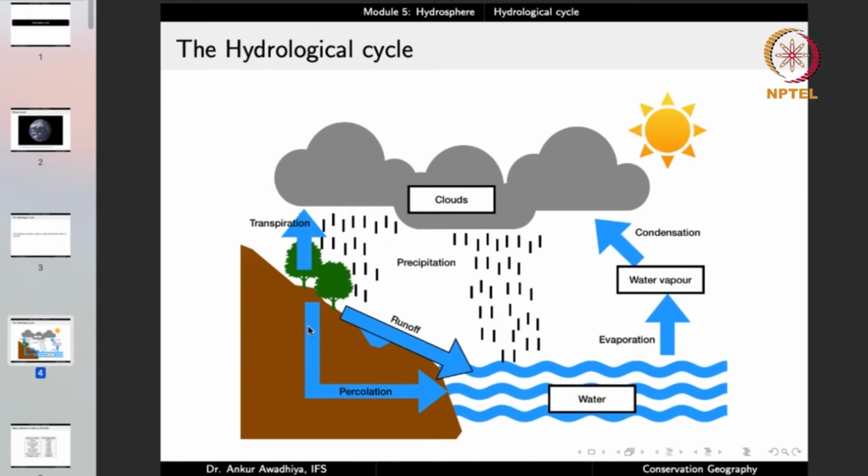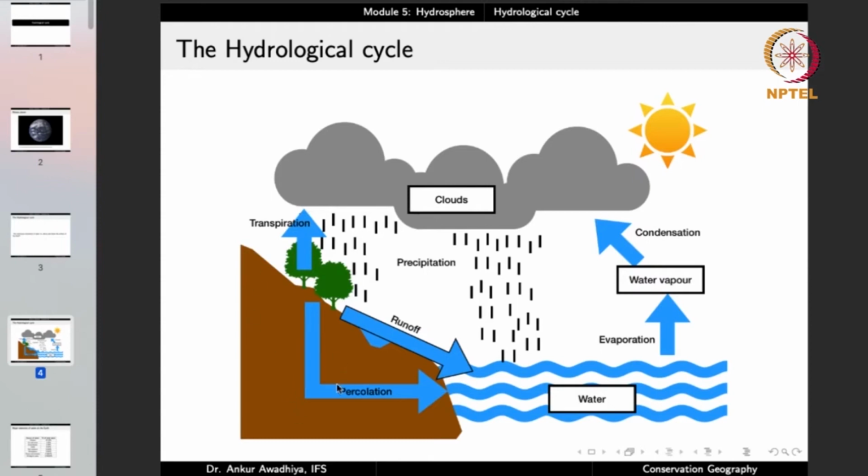A fraction of water that has fallen on the ground also seeps into the earth, so it becomes a part of the groundwater. The water in the ground can be taken up by plants, and these plants will then release this water into the atmosphere through a process known as transpiration.